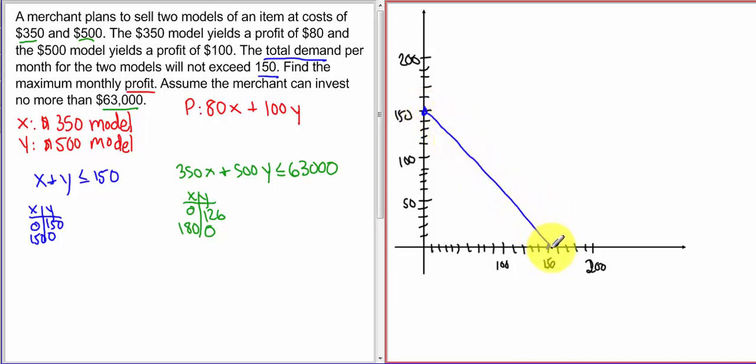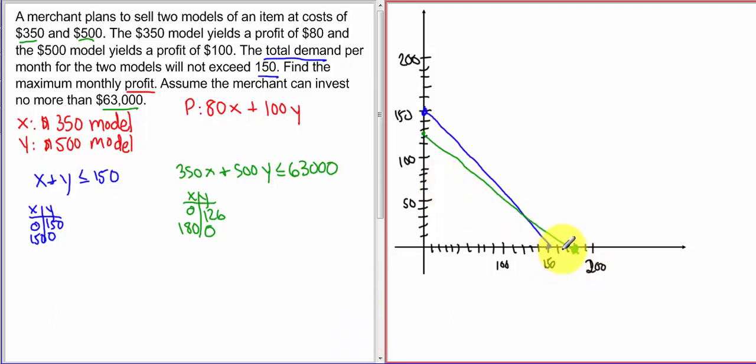You don't have to have lined paper for these, but if you use a straight edge, it gives you an idea of your graph. For this one, Y is 126, so you can approximate that, since we went by units of 10, and 180, and then using your straight edge, draw your two lines.